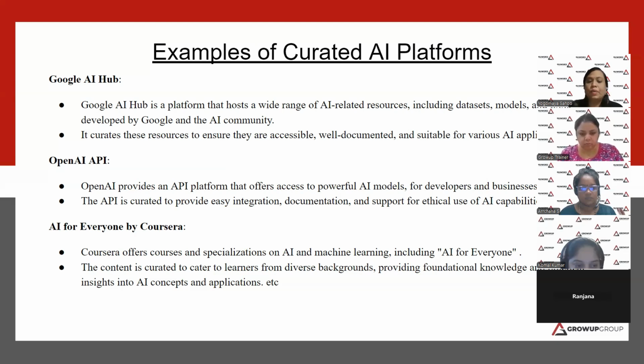The content is curated to cater to learners from diverse backgrounds, providing foundational knowledge and insights into AI concepts and applications. These are the base of curated AI platforms, and all the companies are using them.